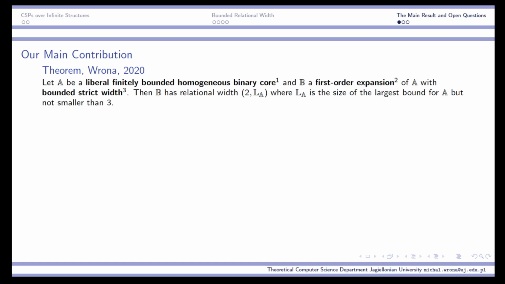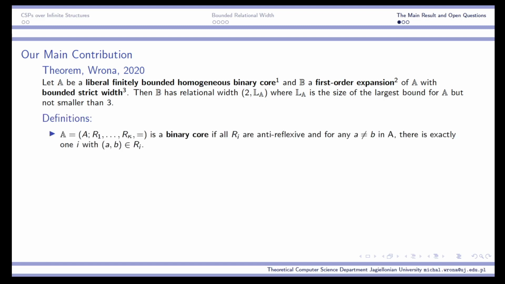Then we prove that B has relational width LA, where LA is the size of the largest bound for A, but LA is at least 3. So if, for instance, the structure A is a Henson digraph forbidding tournaments over 7 elements but not more elements, then we have relational width 7.